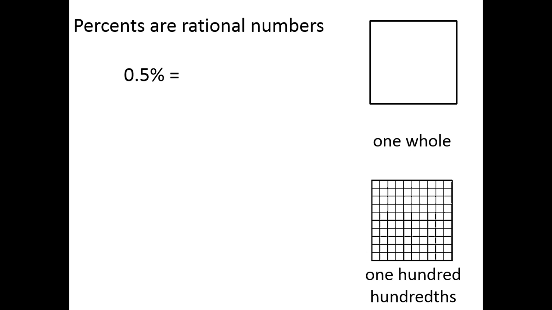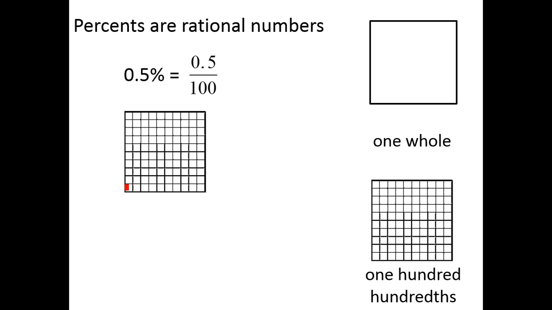What if we have something like 0.5%? That's 5/10ths of a percent. What does that mean? Well, remember, percent means out of 100. So 5/10ths of a percent is 5/10ths out of 100. It's 5/10ths hundredths. And we know that when we write rational numbers, we have to have integers in the numerator and denominator.